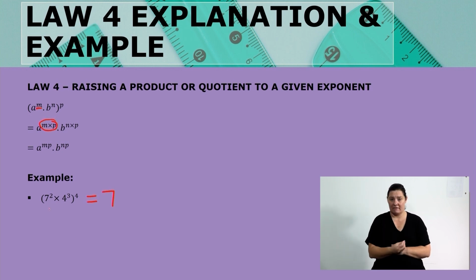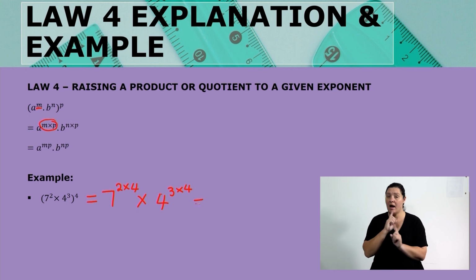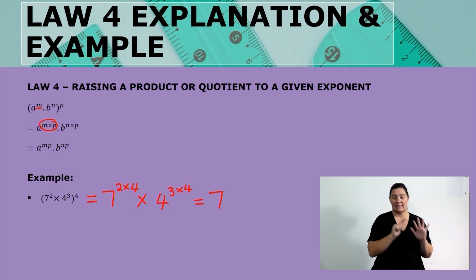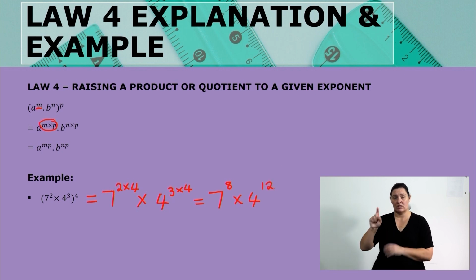This means we are going to have 7, this 2 multiplied by this 4 that comes from there, and we are going to have the 3 multiplied by the 4. What answer does this give us? This is 7 to the exponent 8 multiplied by 4 to the exponent 12.